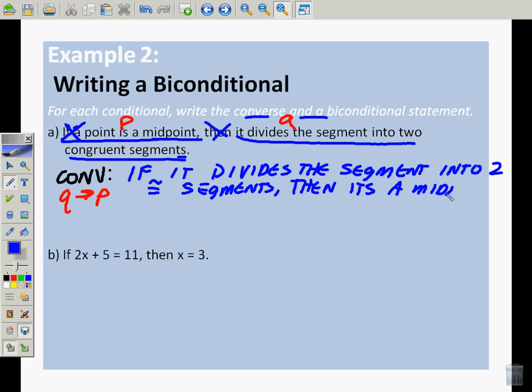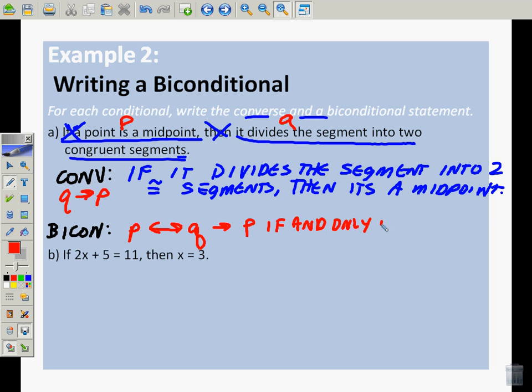Okay? So how do I write this biconditional? Here's what it's going to look like. It's going to be P, double-headed arrow, Q, or, let me make that look more like a Q, P, if and only if Q. Okay?